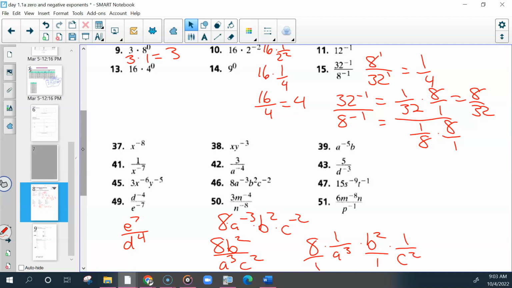But if this was x to the 0, that would still be 1. Now, if it was 3x to the 0, that would be the same thing as 3 times x to the 0. Which would be 3 times 1, which is just 3. That is the only time it's acceptable to change variables to numbers. Any other questions about this in general, specifically? Other questions maybe you were trying, just want to double check?